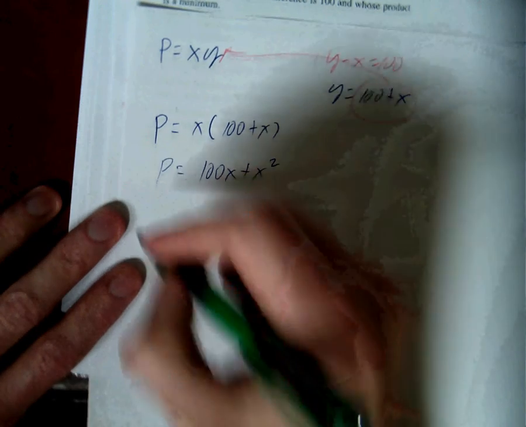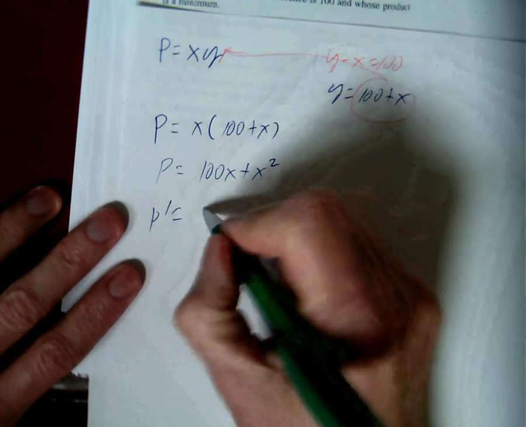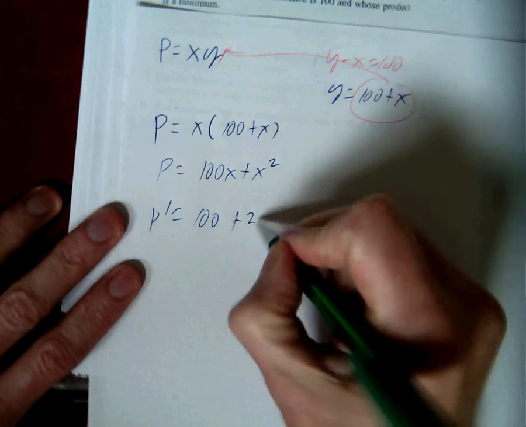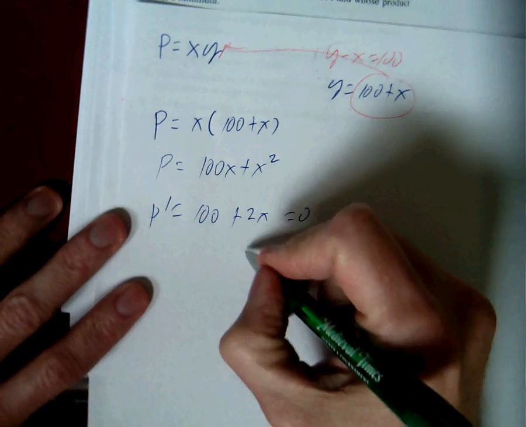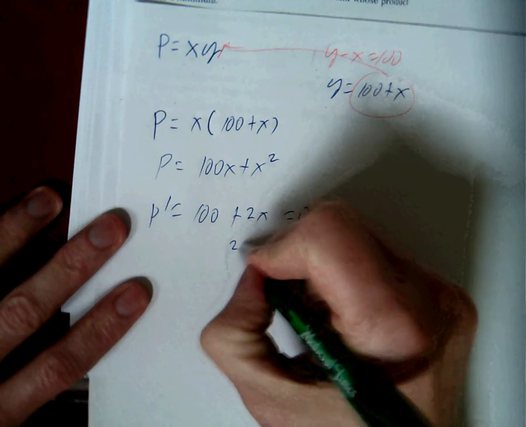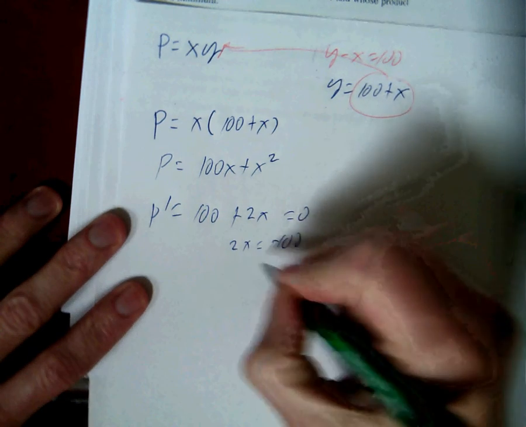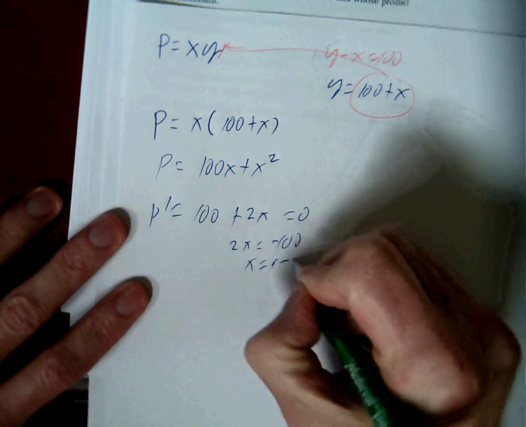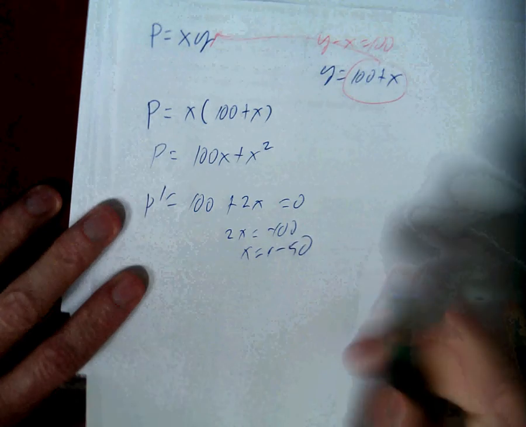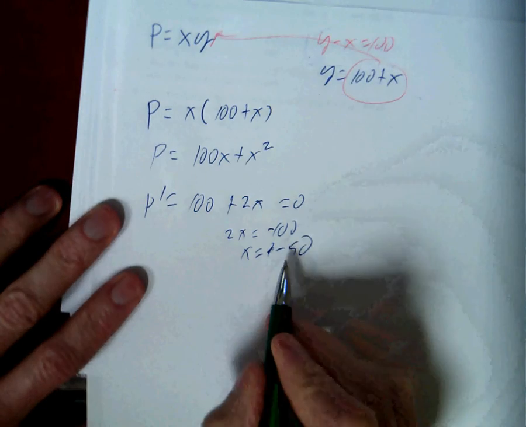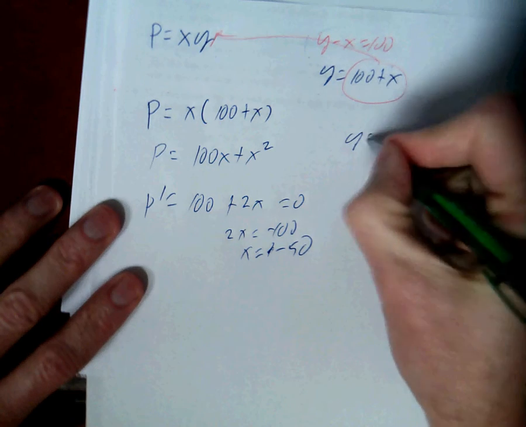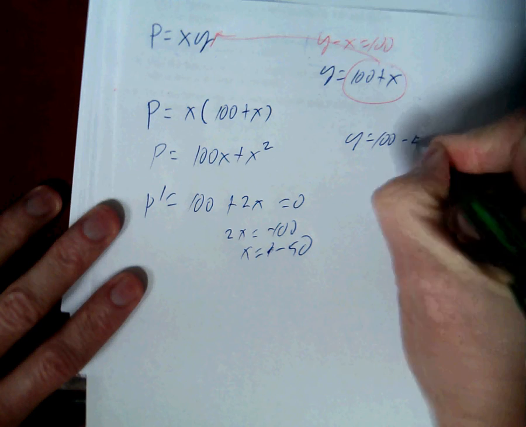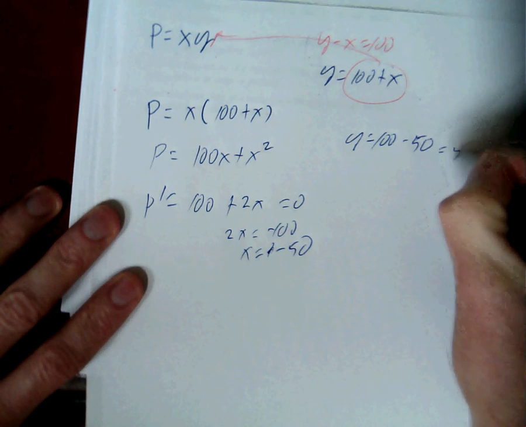So I take the derivative, and that's going to give me 100 plus 2x. Set that equal to 0, and 2x is equal to negative 100, x is equal to negative 50. And if I know that x is equal to negative 50, I can plug that back up here and find out that y is equal to 100 minus 50, and so y is equal to 50.